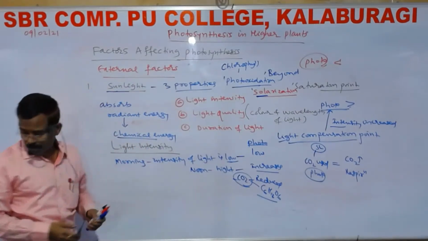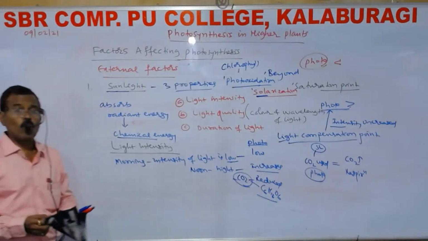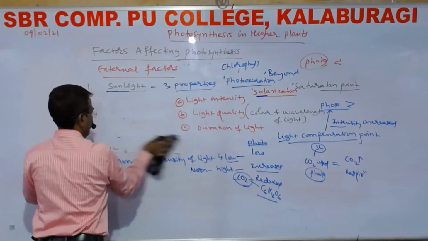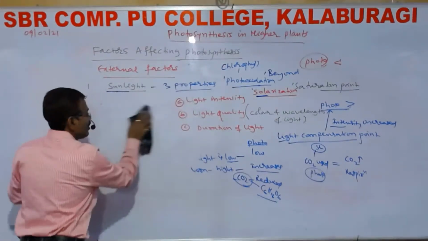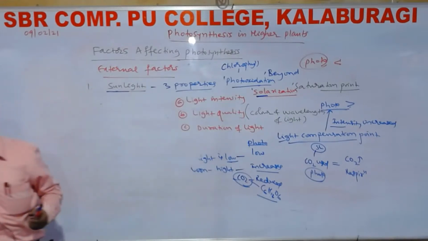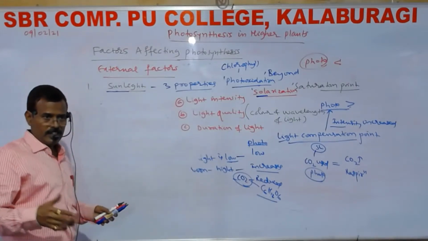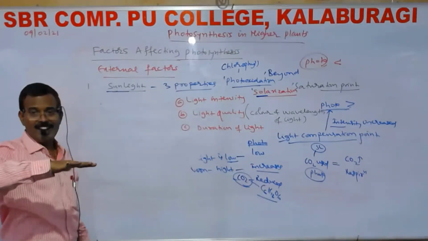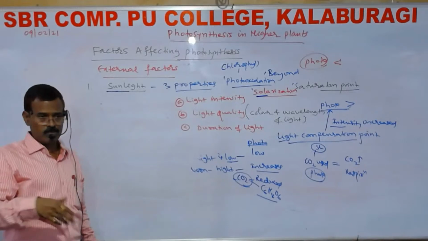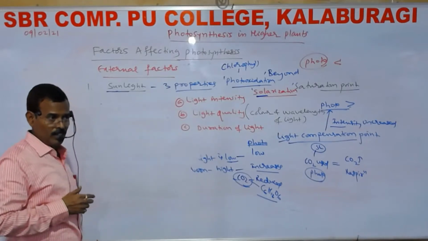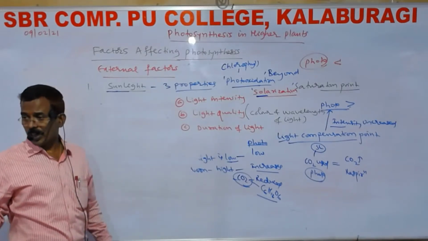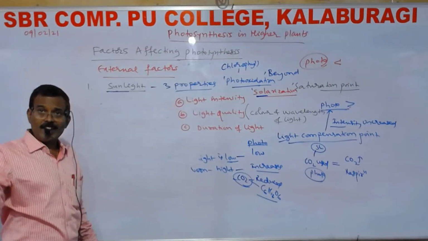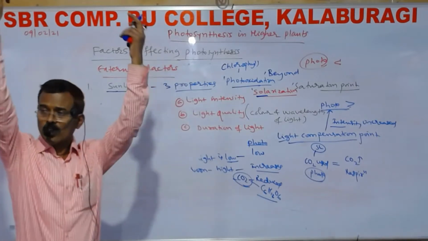Now, the light intensity available to plants may not always be the same. It depends upon the climatic conditions, the area or region, whether it is tropical, subtropical or temperate, and whether it is morning, afternoon or evening. Then it depends on the plant's character. If a plant is very tall, it is going to receive the light first.